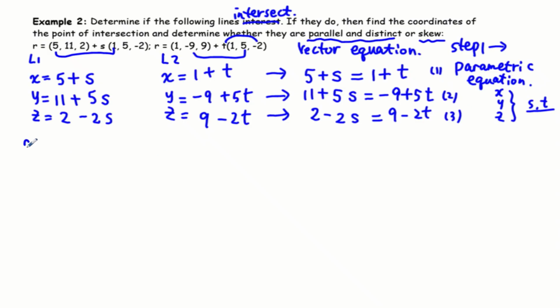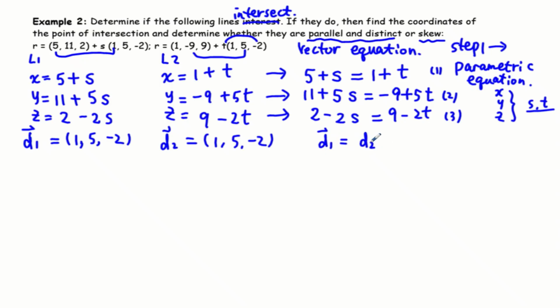And also we could find out d1 is 1, 5, negative 2. d2 equals 1, 5, negative 2. They are equal. So d1 equals d2 times a constant, then it means they are parallel.